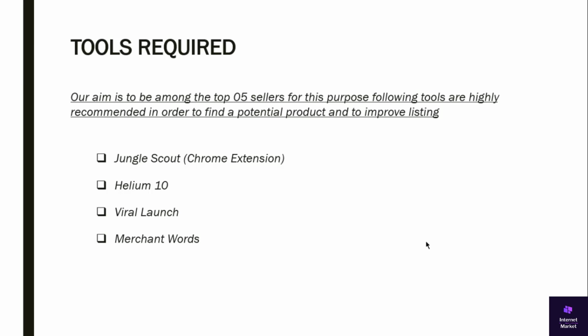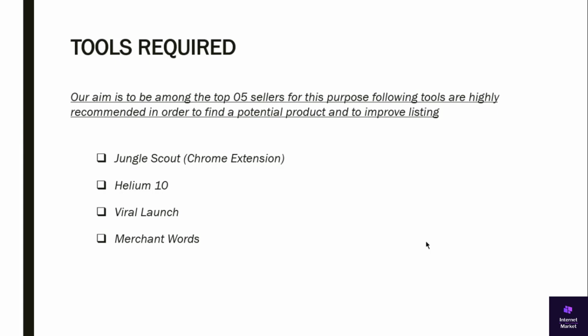Helium-10 is the best tool to identify the main keywords of a listing, optimize and manage listing, and analyze selling reports on a daily basis. As an experienced seller, I would also recommend you must have this tool to be among the top sellers. 3. Viral Launch. It is used to analyze the product, review, and price trends of the products.